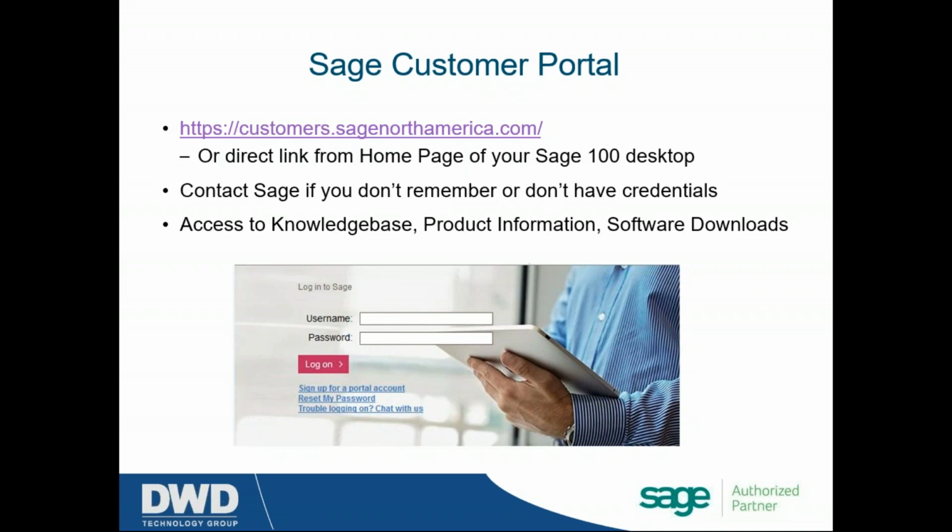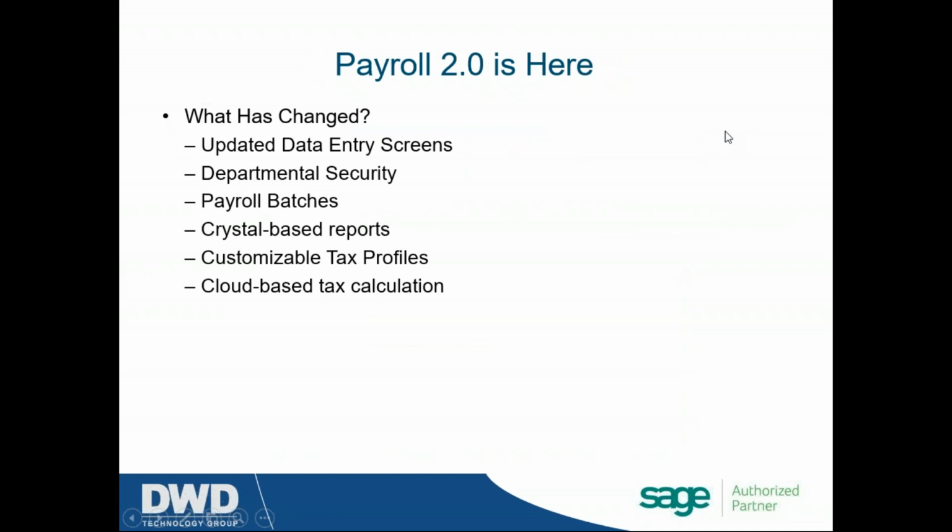Again, I'm going to recommend very highly that you have at least one person in your organization that has access to that login. And frankly, I think it's appropriate for anybody who uses the Sage 100 within your organization to have a login to get access to the knowledge base, for example. But that again is up to you as to who you want to allow to do that.